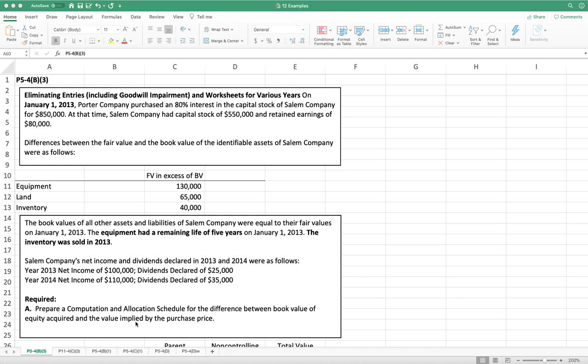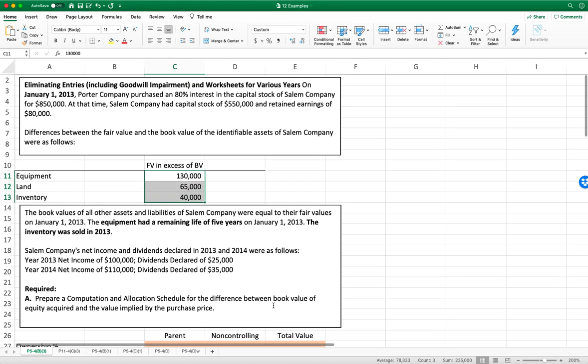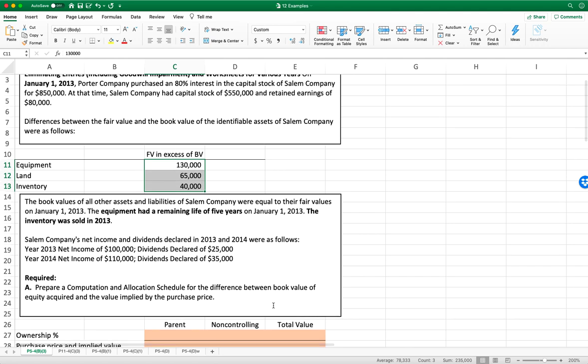So we have a difference in equipment, land, and inventory, and they all have fair values greater than their book values. The book values of all other assets and liabilities of Salem Company were equal to their fair values on January 1st of 2013. The equipment had a remaining life of 5 years on January 1st, 2013, and the inventory was sold in 2013. Salem Company's net income and dividends declared in 2013 and 2014 were as follows.